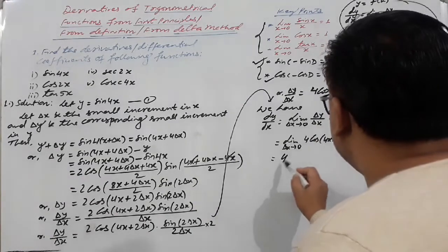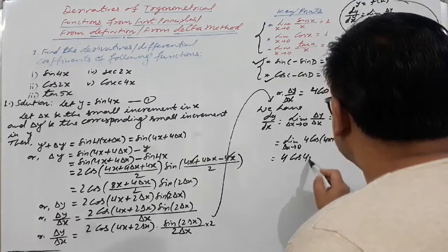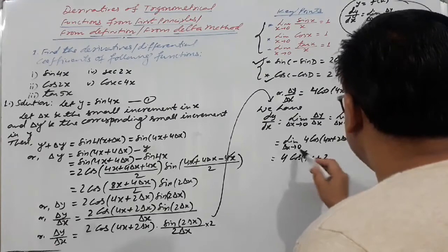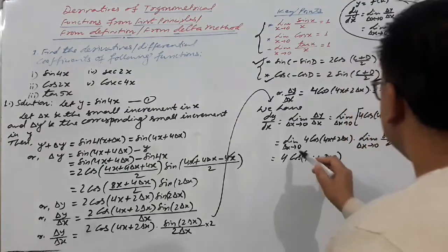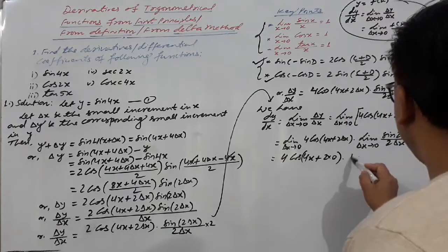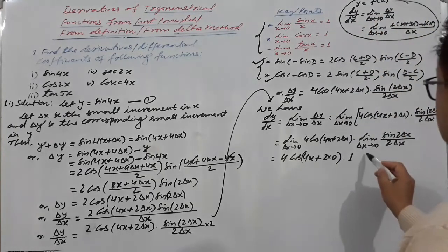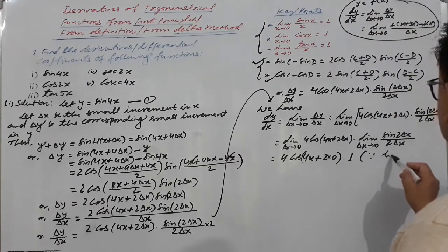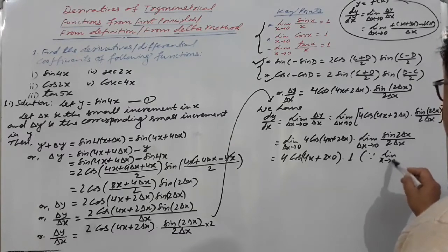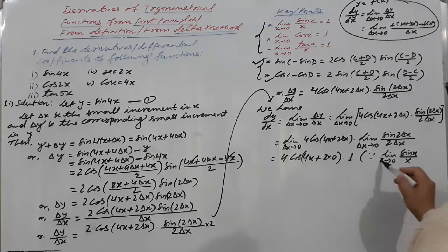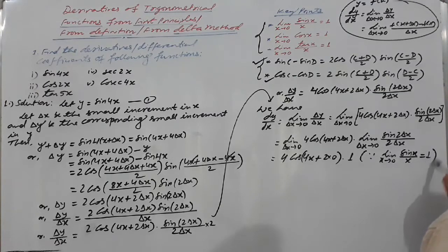Let's simplify: 4 cos 4x plus 2 delta x, when delta x tends to 0, and into 1. So how did we get 1? Using this one here, since limit of sine of x over x when x tends to 0 is equal to 1.